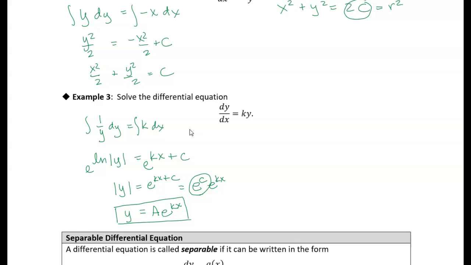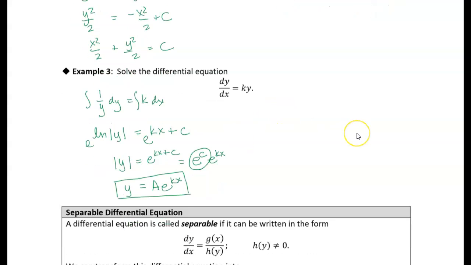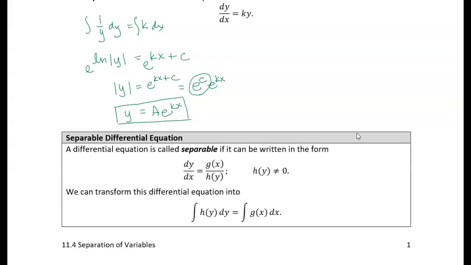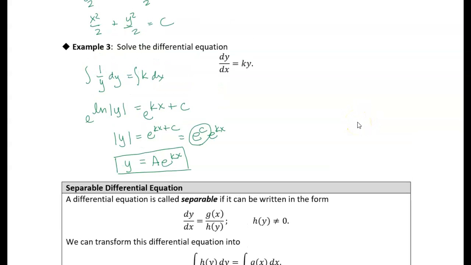All right, so let's take a look at this little box down here before we go. A differential equation is called separable if it can be written in the form dy/dx equals some function of x over some function of y, and then we can just integrate both sides. Up here in this example, we can actually write this as k over 1 over y.